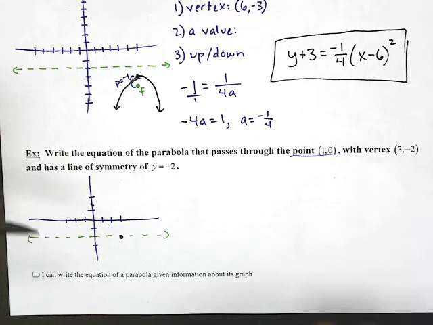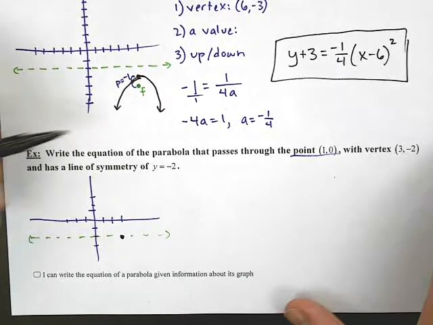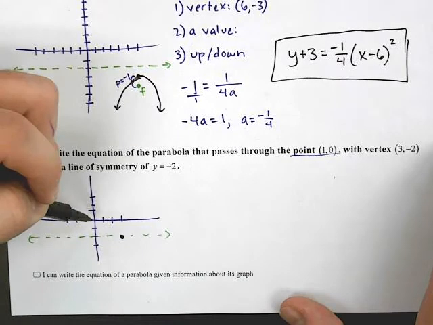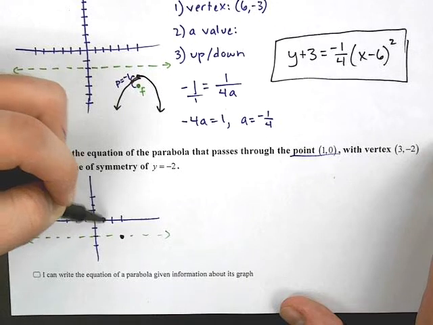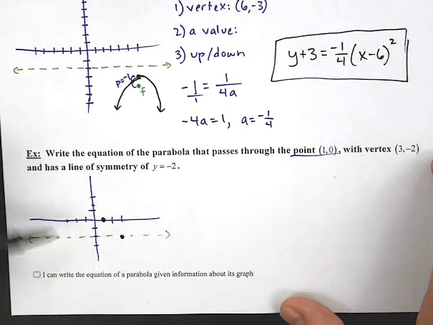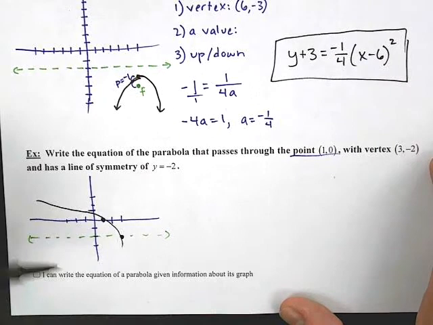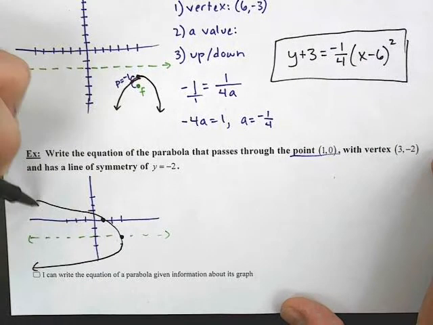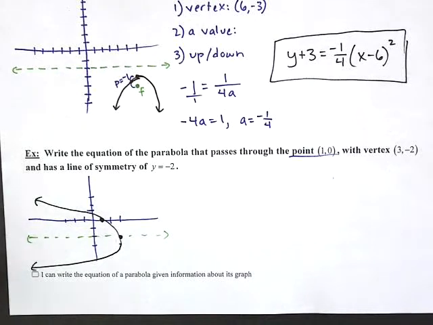Okay? Now, if the parabola passes through the point 1, 0, which is where? 1, 0, right here. Well, can it open to the right? No. It's got to open to the left. Something like that. All right? Not the best picture, but again, that's kind of the thought process, right?